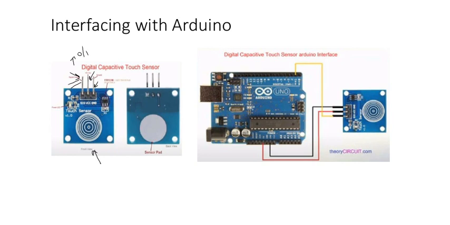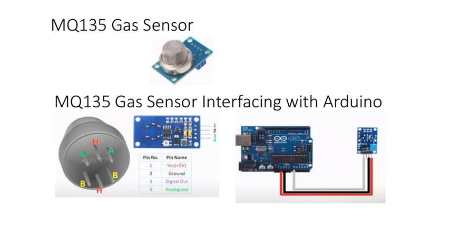So the next sensor is the gas sensor or smoke sensor. We will study the MQ135 gas sensor or smoke sensor. This kind of sensor is used to detect many gases such as smoke, right? And if you know a breath analyzer, right?